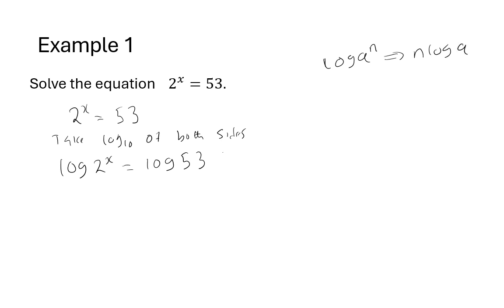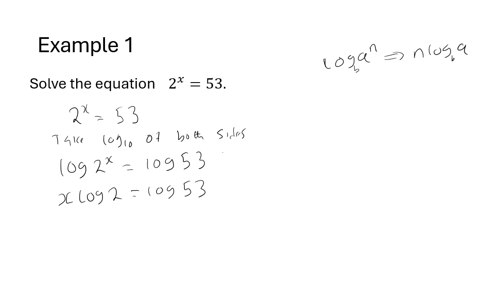This is for any base. Since the base is 10, here this x is just like our n, in 2 power x. So we can just take this x back. It will become x log 2 is equal to log 53.